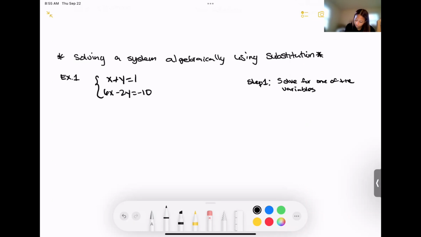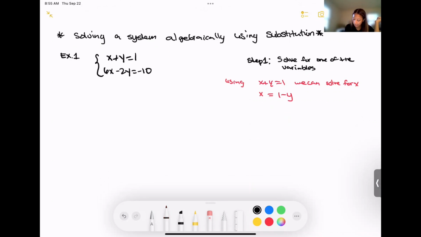So for our solution here, using x plus y equals 1, we can solve for x, okay? That'll give us x is equal to 1 minus y. That's our first step here. So take that first equation, solve it for x. You could have solved it for y too, but we're going to do it by solving for x.